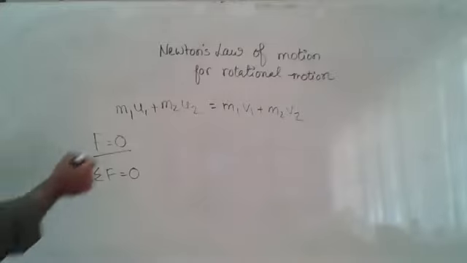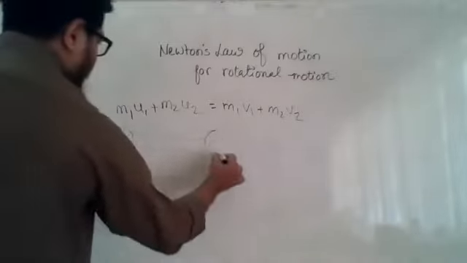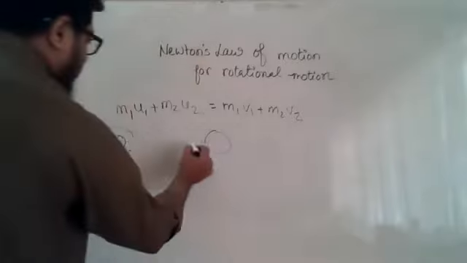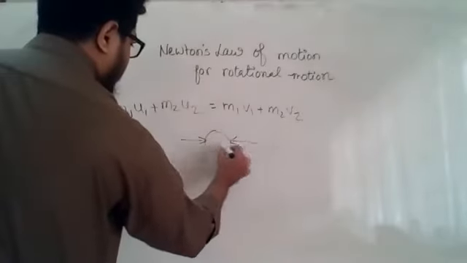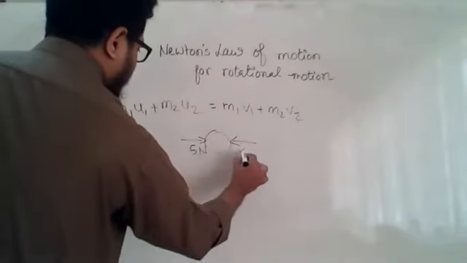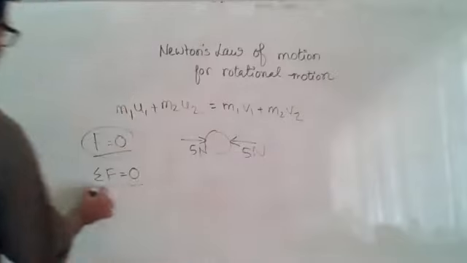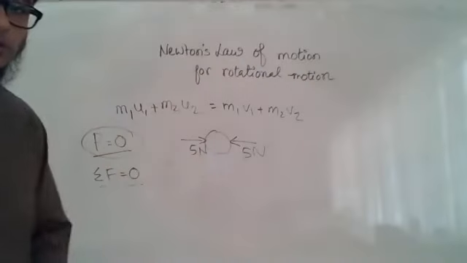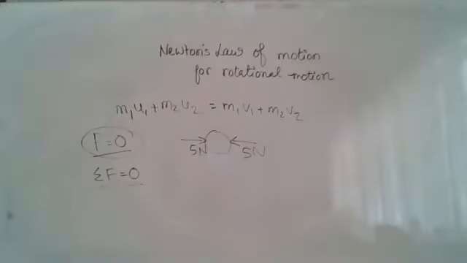The first situation says that there is a body and no force is acting on it. But the second case says that there will be some forces acting on the body, but they will be balancing each other, so the net force applied will be zero. Do you understand my point? This is more accurate.